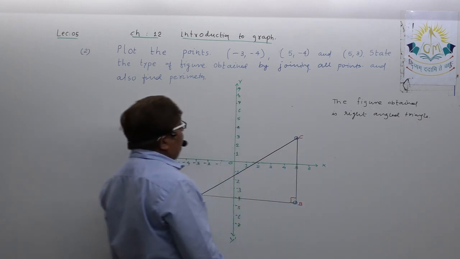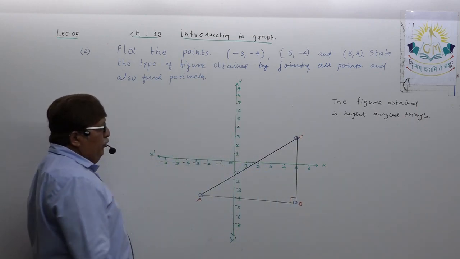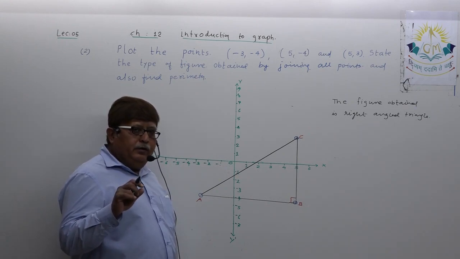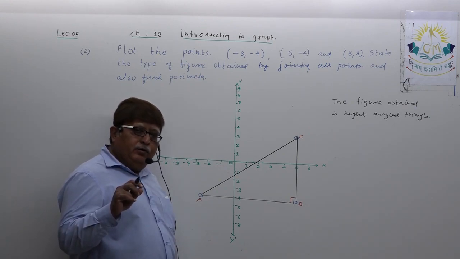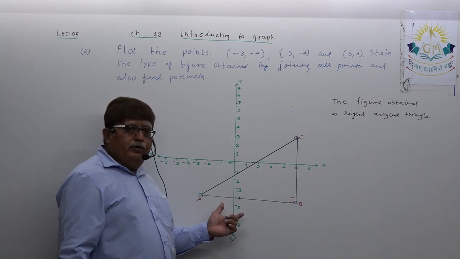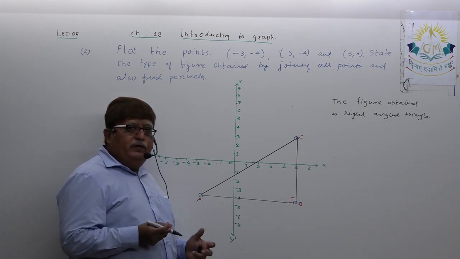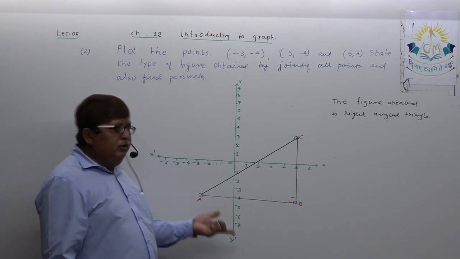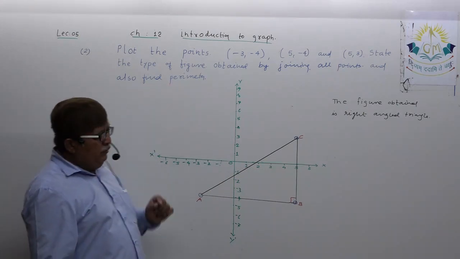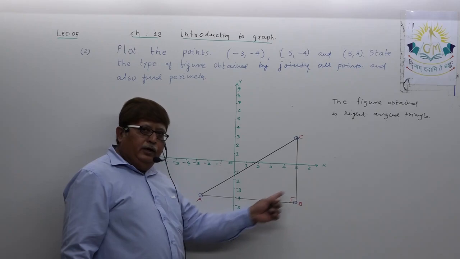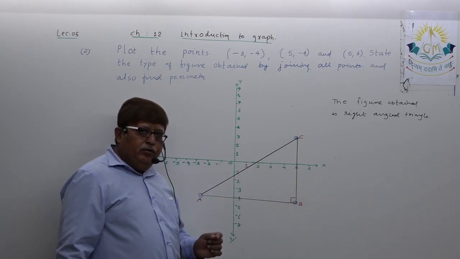Your second answer, dear student, you have to perform at home by utilizing the ruler. Here we are drawing the graph on the board, so there may not be a precise way of measuring the sides. But you have to find the perimeter. Perimeter means addition of the lengths of all sides.